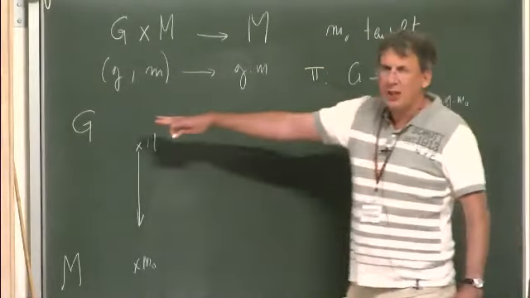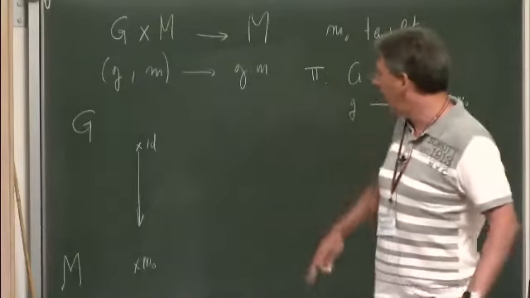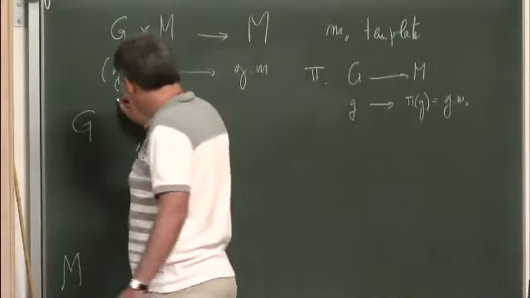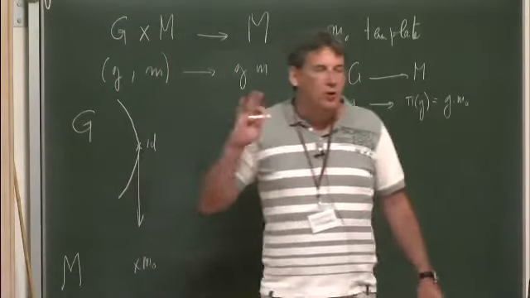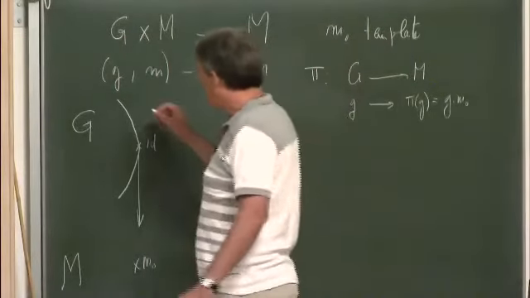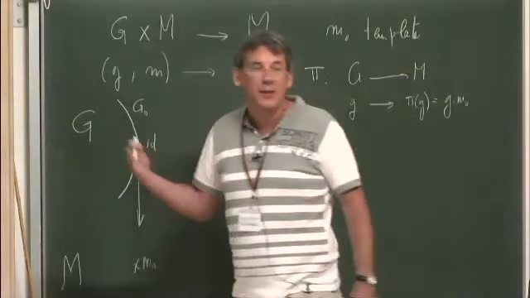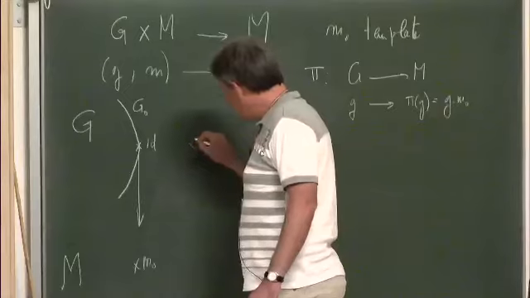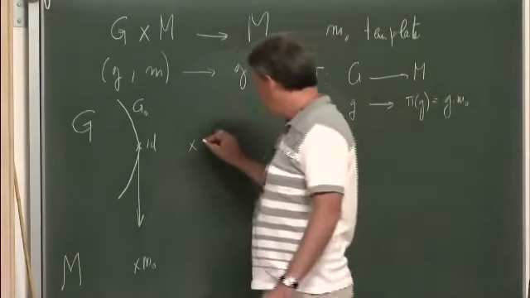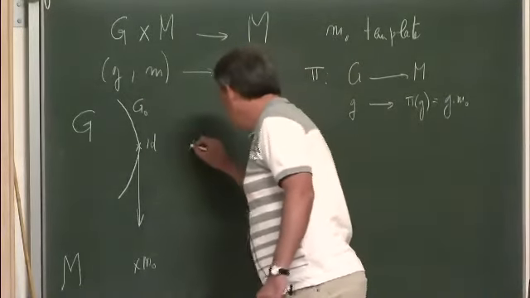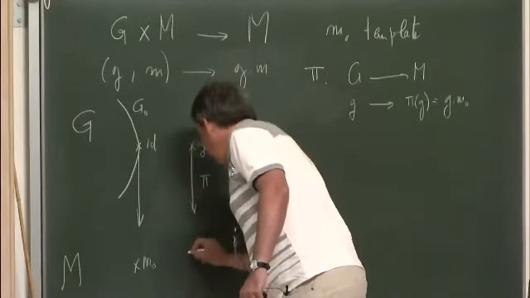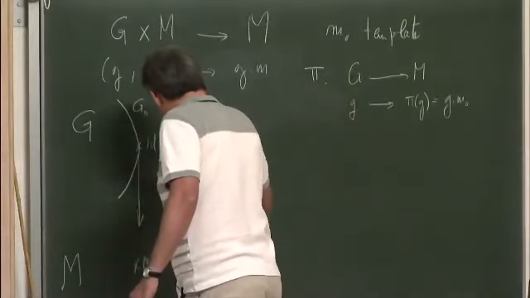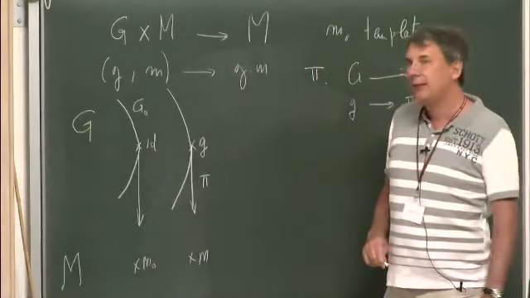But since G is usually a very huge group, you have a lot of possible transformations projecting on the same point. So you have, as Laurent said yesterday, a fiber. In this situation of a group, this fiber is the stabilizer, or the isotropy group, the group of symmetry of the template, G0. Now, if I take another point outside this stabilizer, G, I have a projection of G on another point M. I have again a bunch of transformations projecting on the same object.